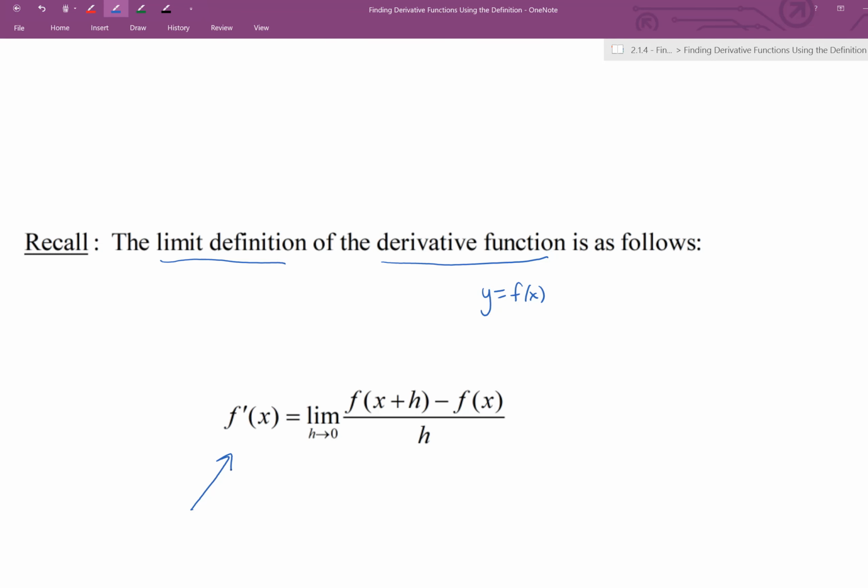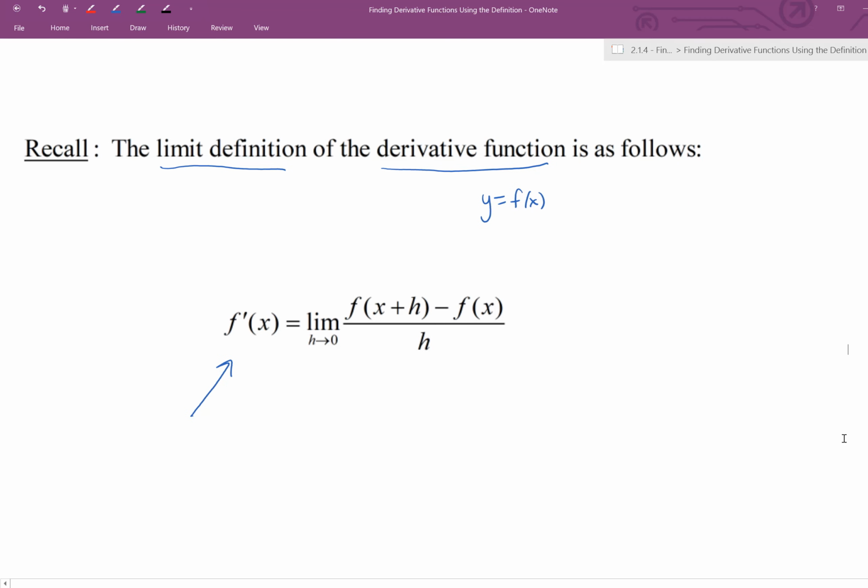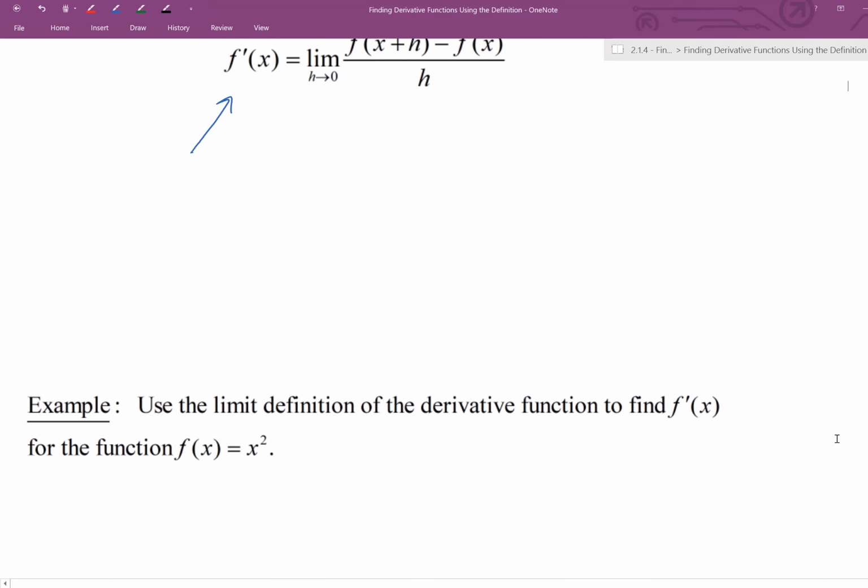You let that input change go to 0, and the slopes of the secant lines approach the slope of the tangent line of the function at any value of x for which this limit exists, and all of that defines the derivative function f prime of x. So we're going to use that limit definition to find some derivatives of some functions.